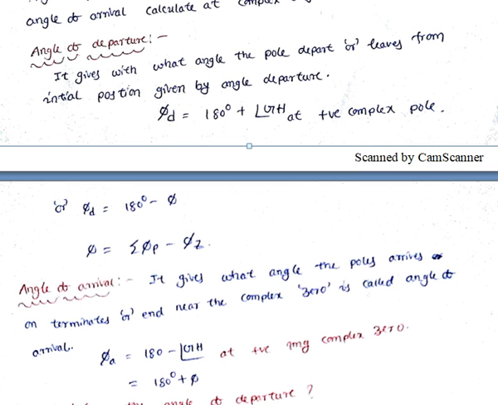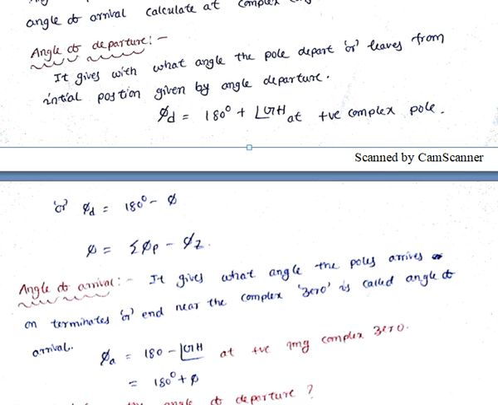It is given by 180 minus GH, where GH is our open loop transfer function. We have to calculate it at the imaginary complex zeros, because angle of arrival exists only for complex zeros.